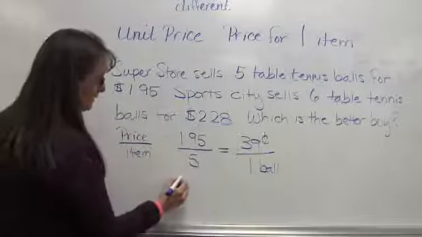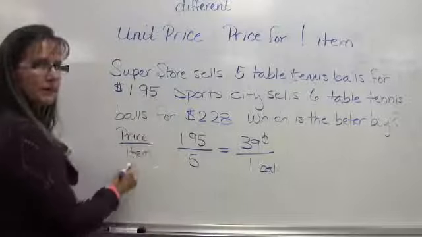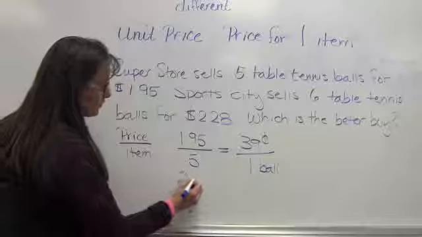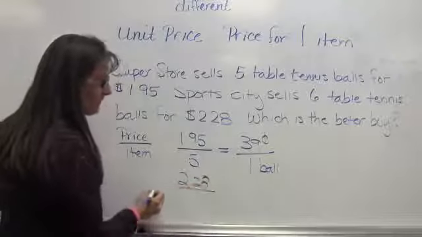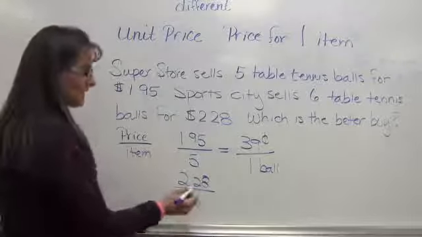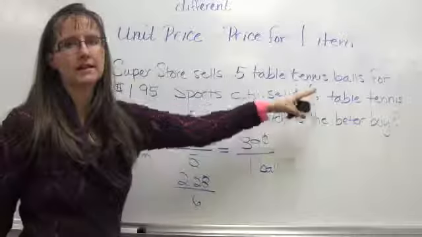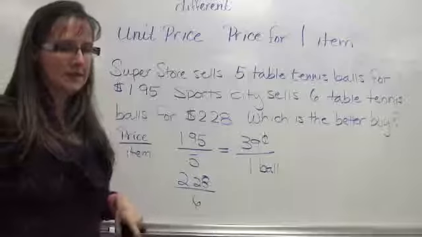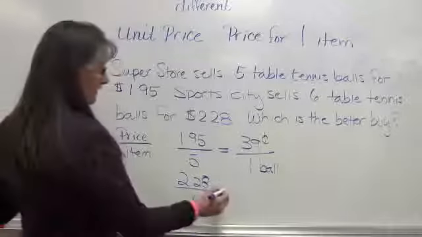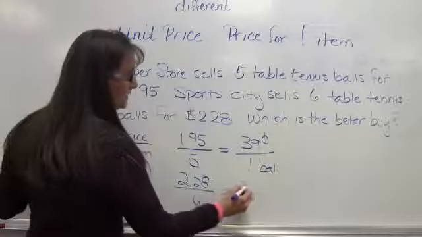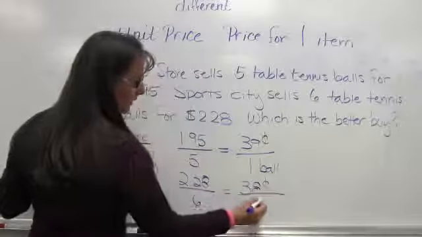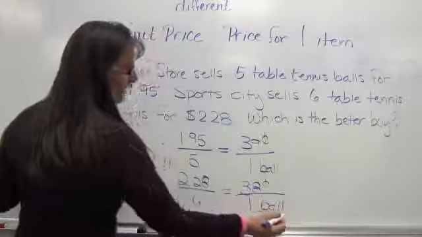So here we'll take again, it's price per item. That means the price gets put on top. We'll put the $2.28, and we'll be dividing it by 6 this time, because remember, Sports City is selling 6 table tennis balls for $2.28. And when I do that math, I discover that Sports City's balls are 38 cents for 1 ball.